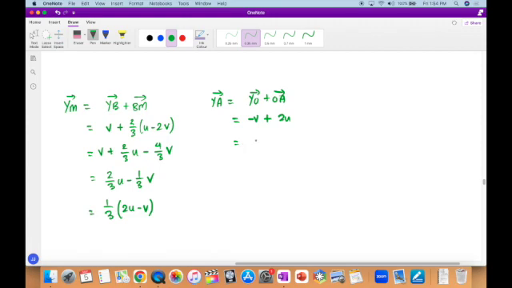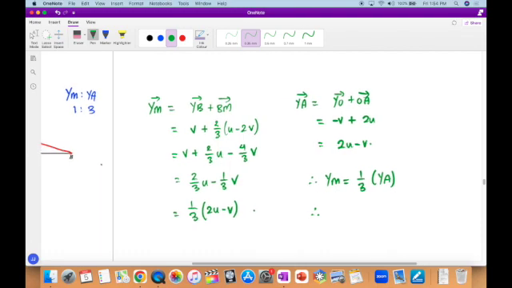Well, look at that. 2U minus V. So we could see, therefore, that YM is 1/3 of YA, and therefore YM to YA is 1 to 3.